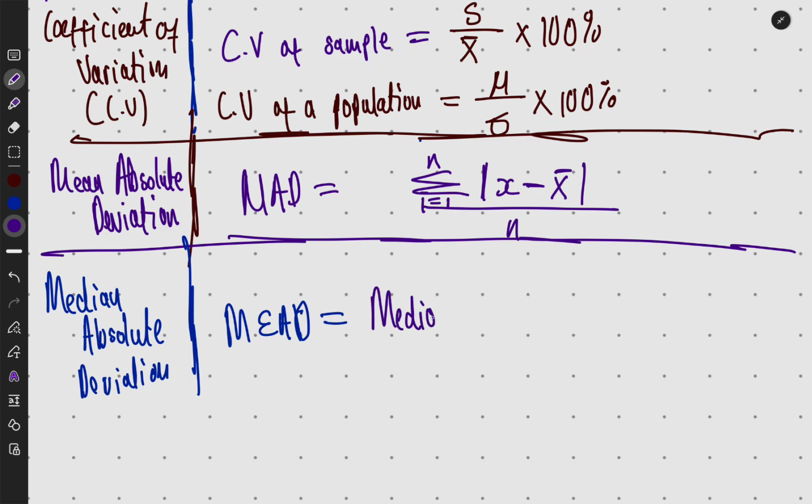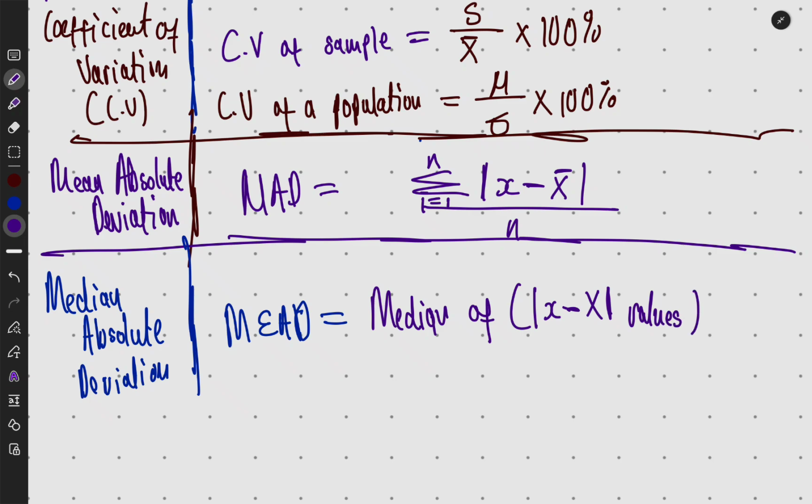It is the median of the modulus of x minus x bar values.